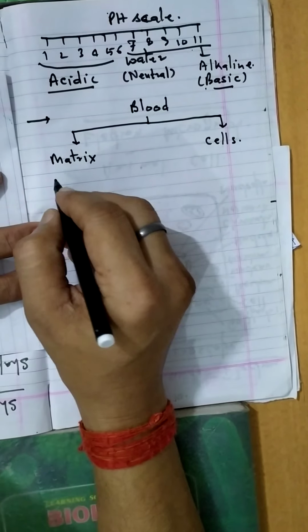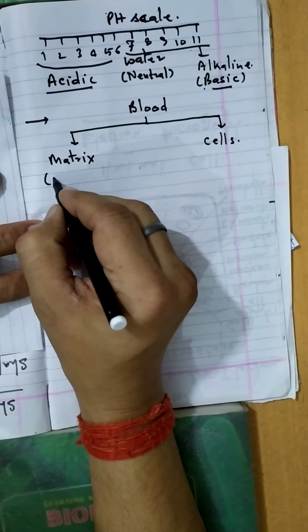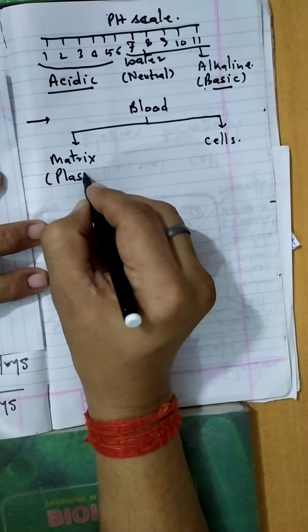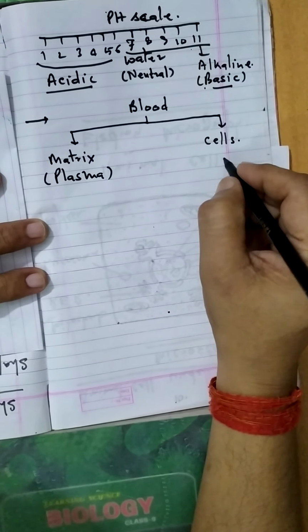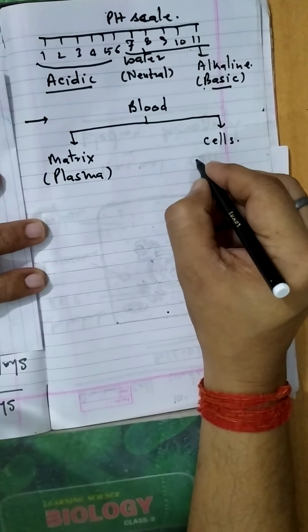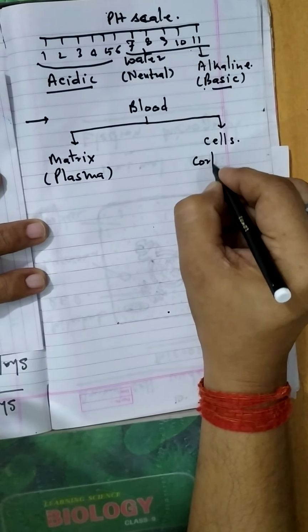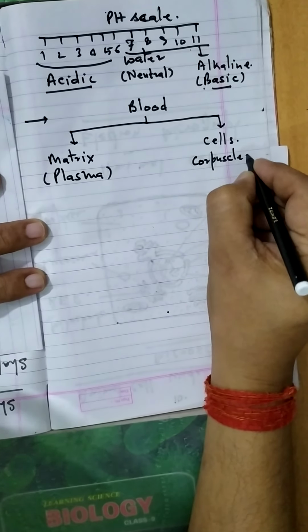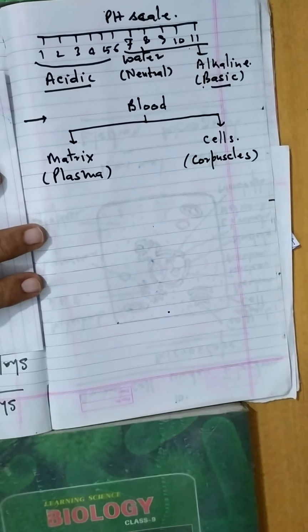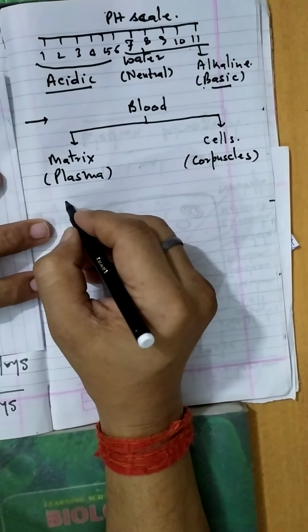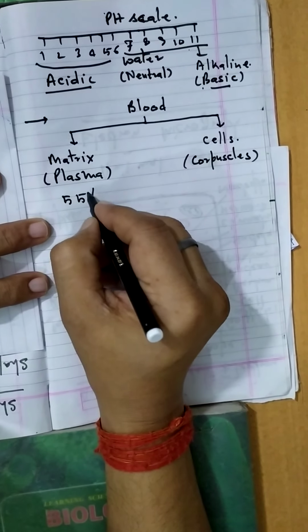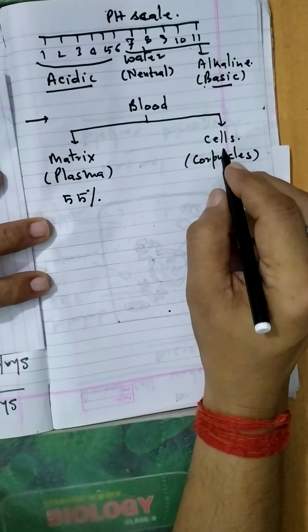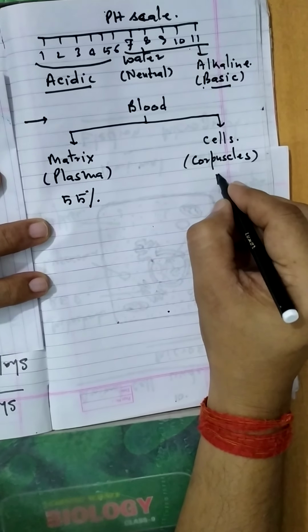The matrix of blood has been named as plasma, and cells are of many types. Cells are also called here corpuscles. In blood, the quantity of plasma is about 55%, while the quantity of cells is 45%.